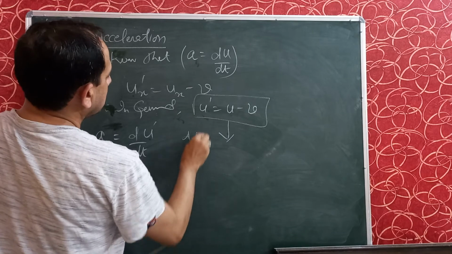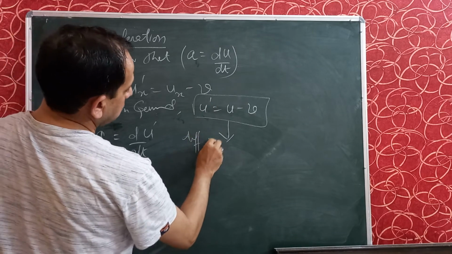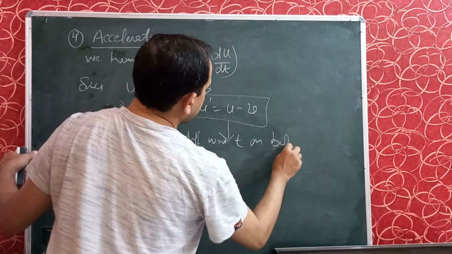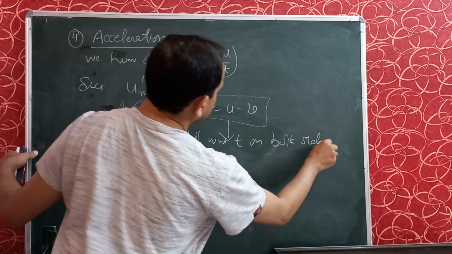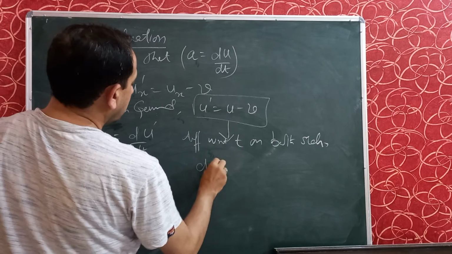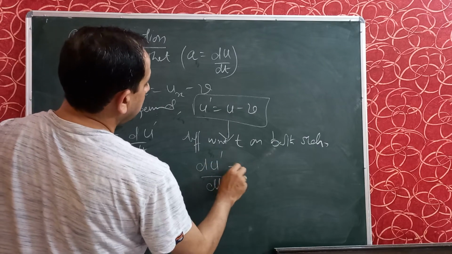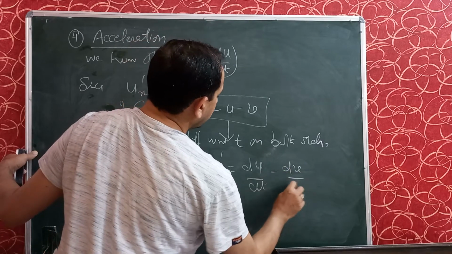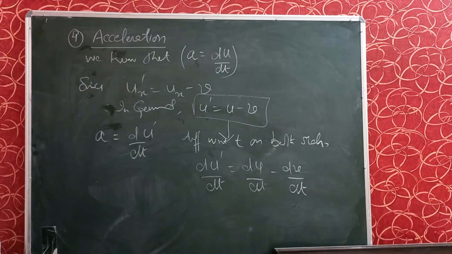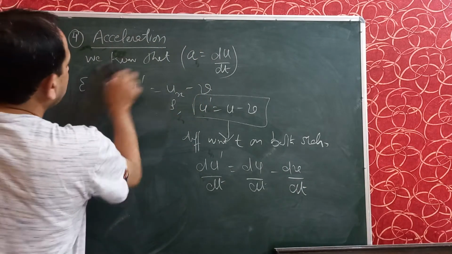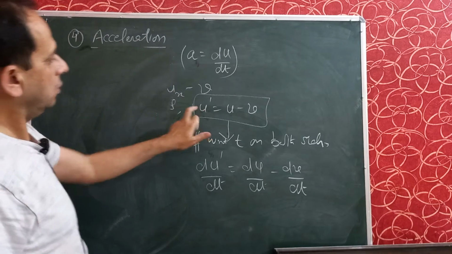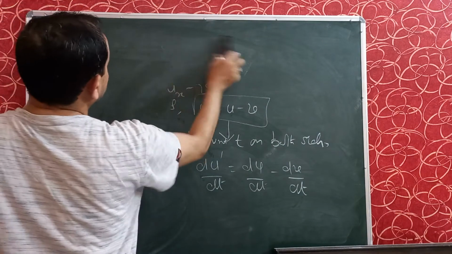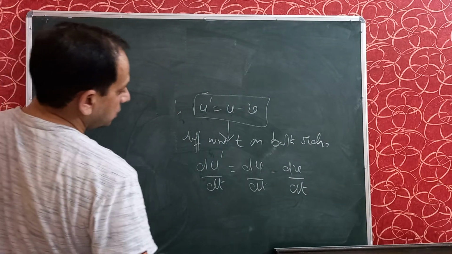So differentiating this equation with respect to time on both sides, it will become du dash upon dt is equal to du upon dt minus dv upon dt. So it's very simple. We have to take the derivative of this velocity equation on both sides. So we will get this.